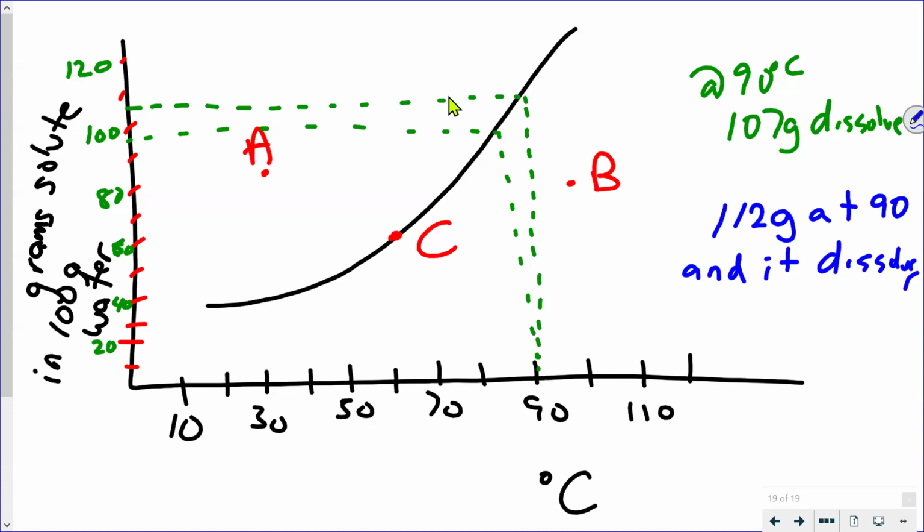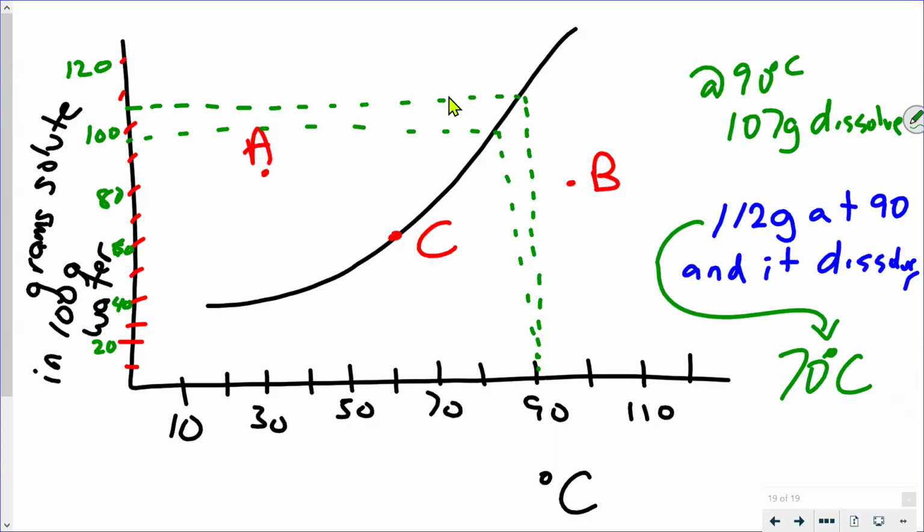This substance is allowed to cool to, let's make it a nice number, cool to 70 degrees. So I'm cooling to 70 degrees. How much falls out of solution?